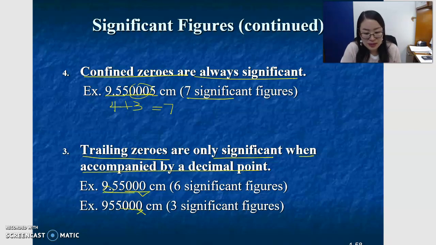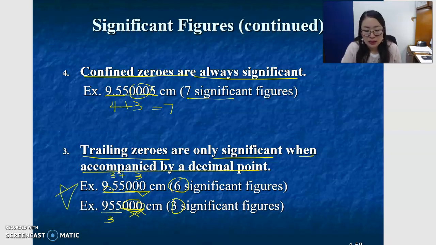For this number, since it has trailing zeros and also a decimal point, all these 3 zeros count with these 3 non-zero digits, so 6 sig figs total. And for trailing zeros that don't have a decimal point with them, they don't count. So these 3 don't count, these 3 non-zero digits count, so I have 3 sig figs.